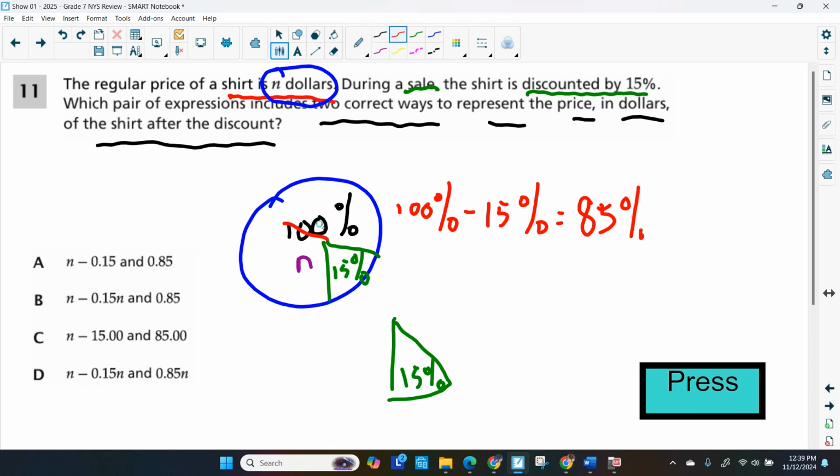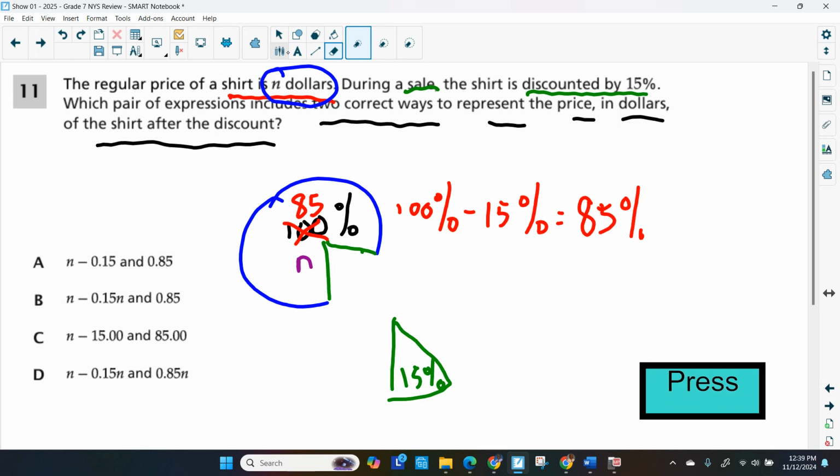So I would not have to pay the whole price. I would have to pay 85%. And let me just get a little eraser, if I can find it, and just get a little bit of this off here so it doesn't look like a full circle. And get rid of that.